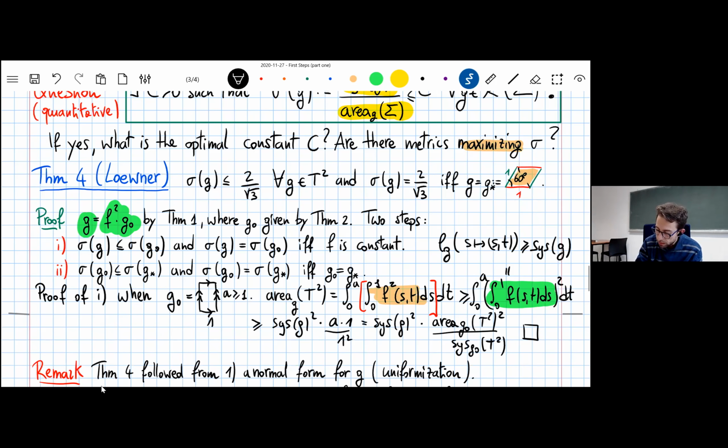Okay, and if you read from beginning to end what we've done, we actually proved the systolic step 1.